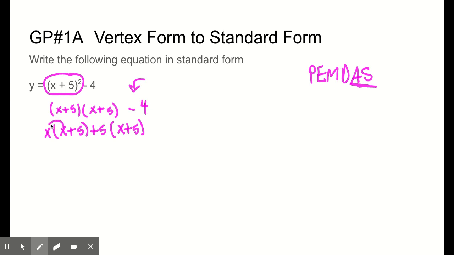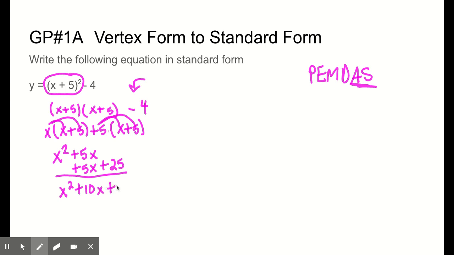So I distribute this x. x times x gives me x squared. x times 5 gives me 5x. 5 times x gives me 5x again. And 5 times 5 gives me a positive 25. So I simplify and I get x squared plus 10x plus 25.